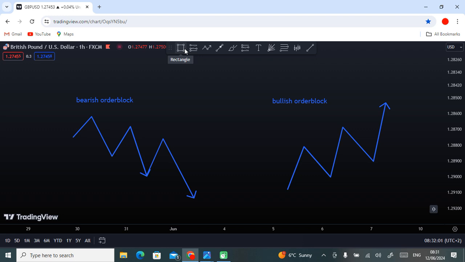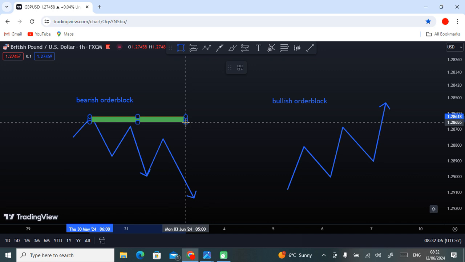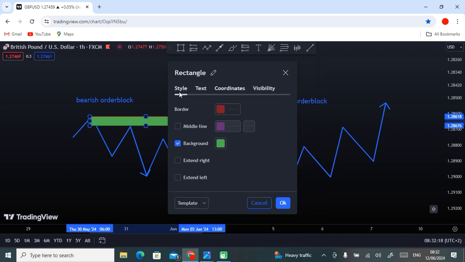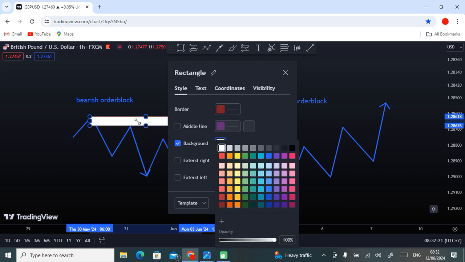So now we're going to check on where we can spot those order blocks. We're going to be spotting order blocks on these zones. I want to make those zones clear. Let's empty the background.